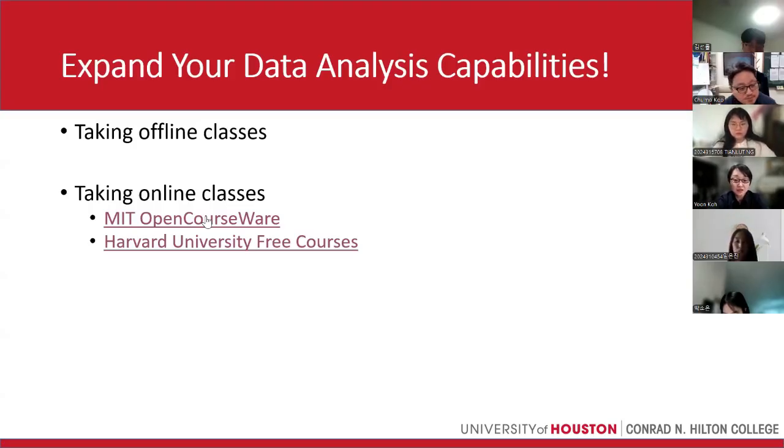And Harvard also offers free courses. Let's say data science, for example. It can be many other areas, but data science, from introductions to more advanced ones like machine learning, all those kinds of things are really available.